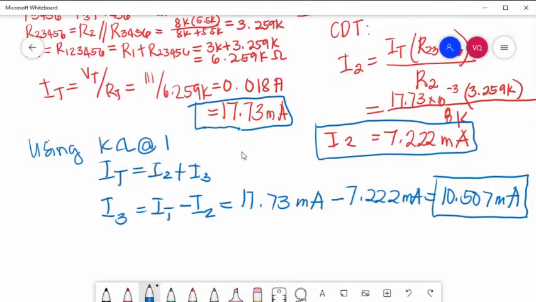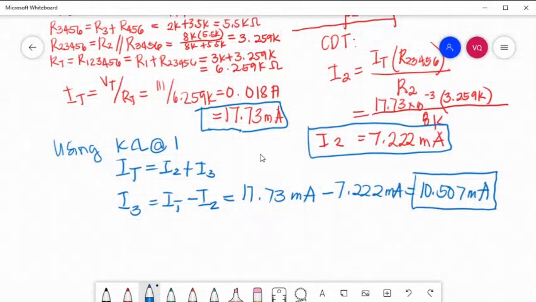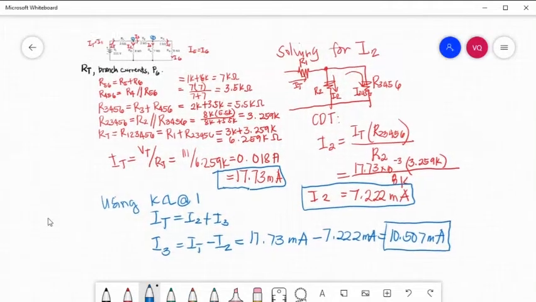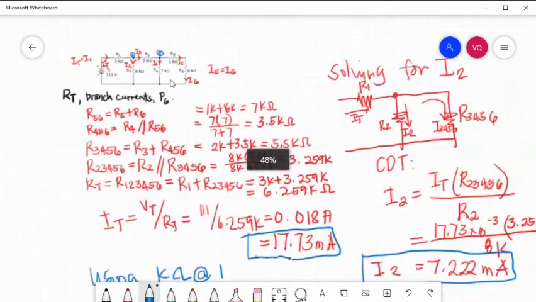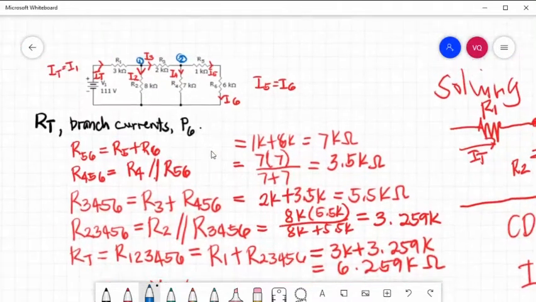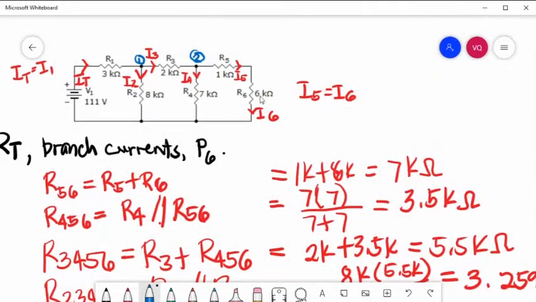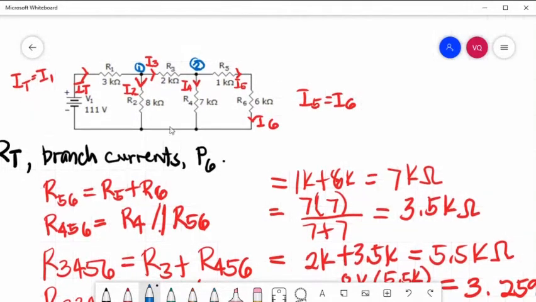Now, how about I4, 5, and 6? Ganun din yung ginawa natin dito. So, examining your circuit again, we need to solve I4, I5, and I6. So using CDT, okay, we will redraw your circuit para mas maintindihan.